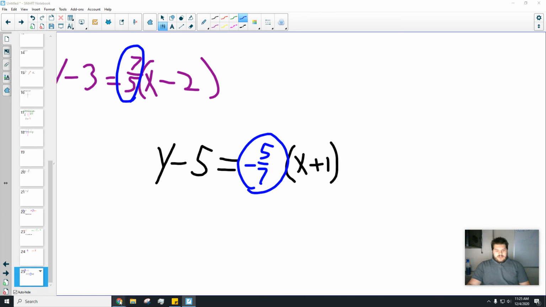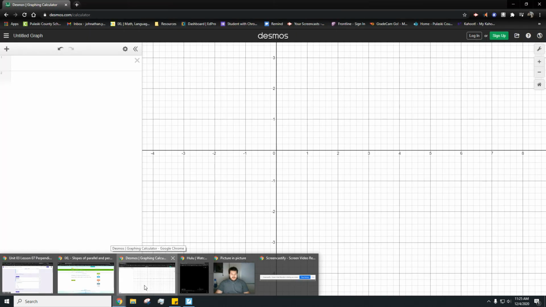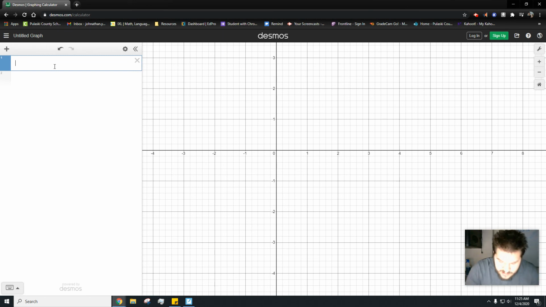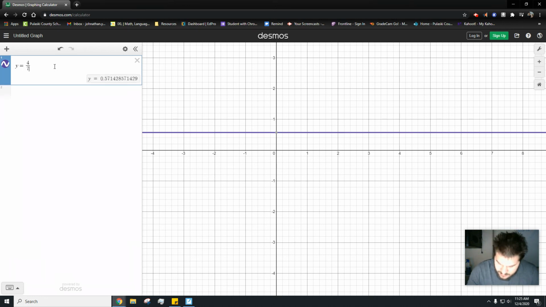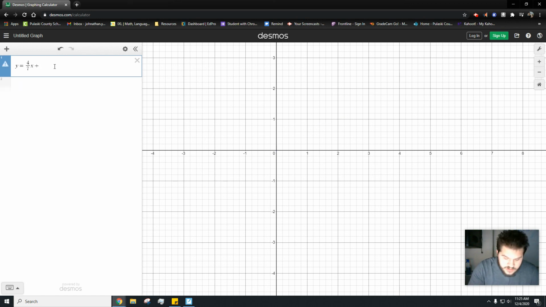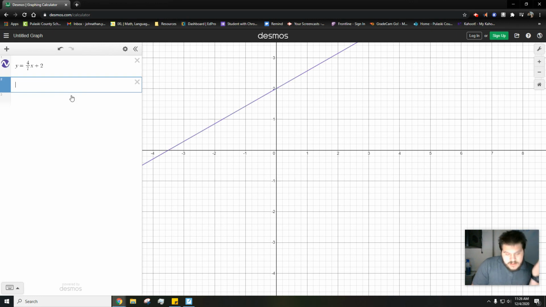And just as a little example of what one would look like, let's go back to slope intercept for a second. Say y equals 4/7 x plus 2. And then let's do one with the opposite reciprocal. So we have y equals, so the opposite reciprocal of 4/7. 4/7's positive, so it should be a negative.